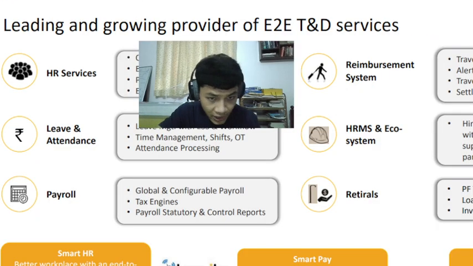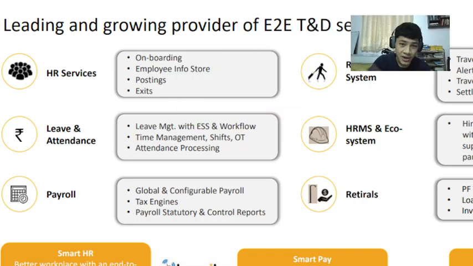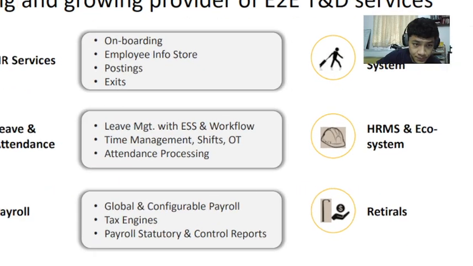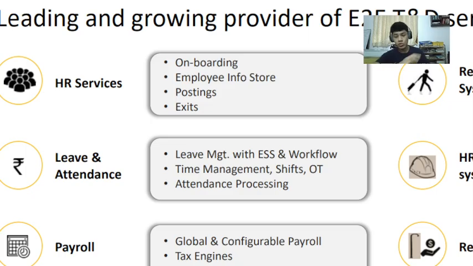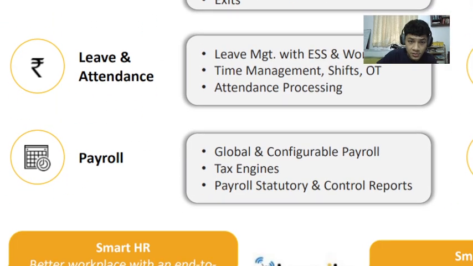Then moving on, we have a leading and growing provider of E2E, enterprise to enterprise, tech and digital services. An overview of what it provides under employee experience management: employee postings, where they're posted, employee exits, onboarding of employees, hiring more people, employee info store, getting information on employees, leave and attendance, tracking the leave and attendance of employees, making sure employees are paid on time.